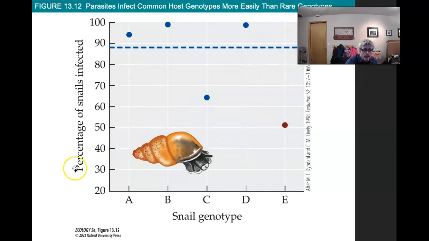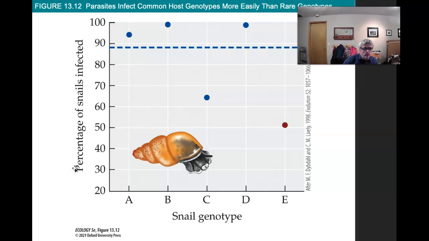And so it's a way of shifting the dominance of certain genotypes, where the parasites are more likely to infest and more likely to cause damage or mortality to a certain genotype. That genotype will eventually be reduced in distribution, and the other genotypes then will have a higher selection and increase in genotypes.